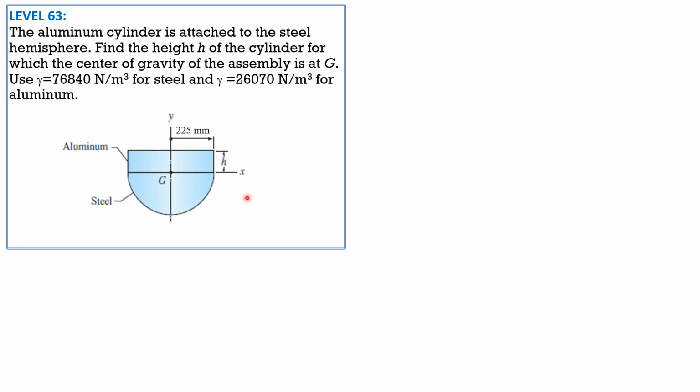So here's the given figure. Then for the solution, the centroid of the hemisphere is 3/8 from the base, so 3/8 of 225 mm. Then the centroid of the aluminum cylinder is h over 2 above G.